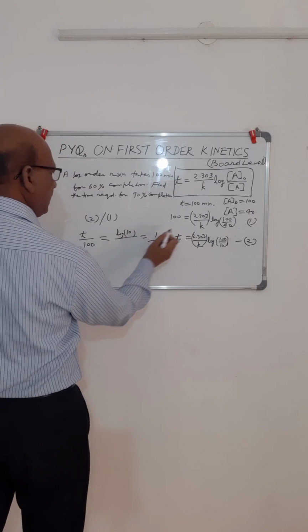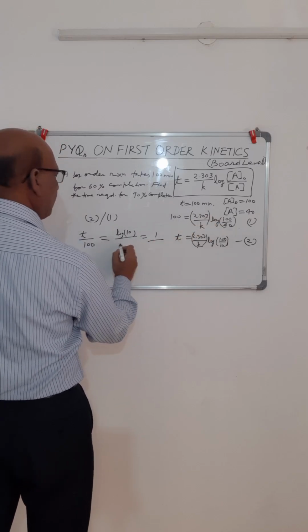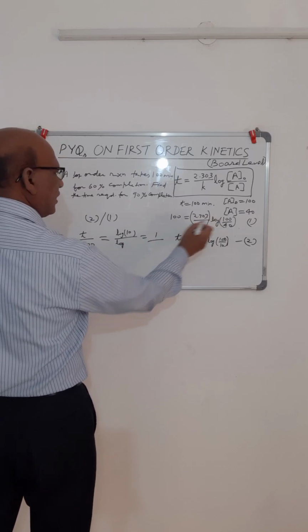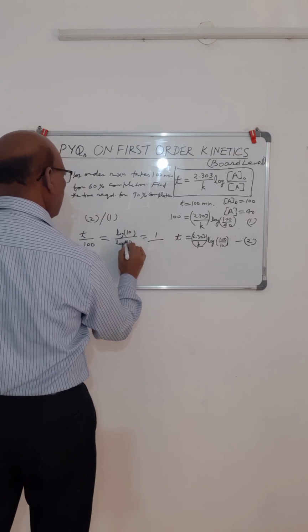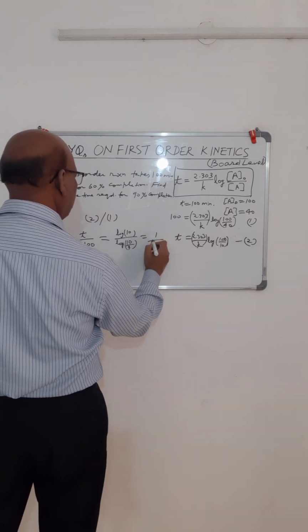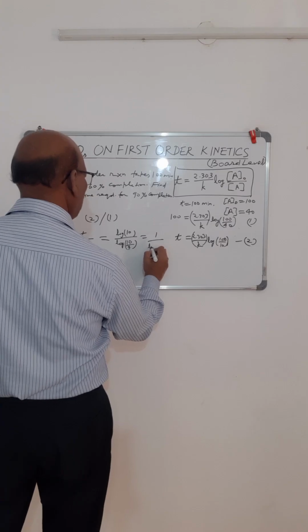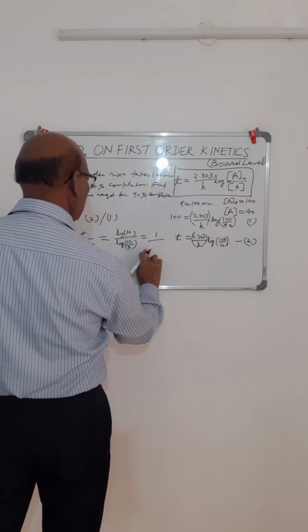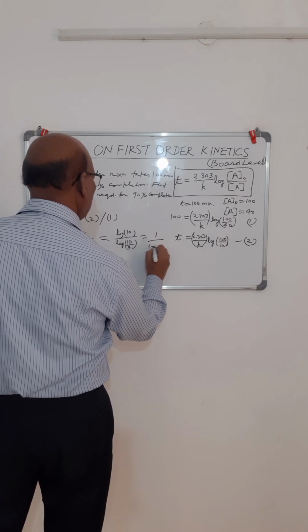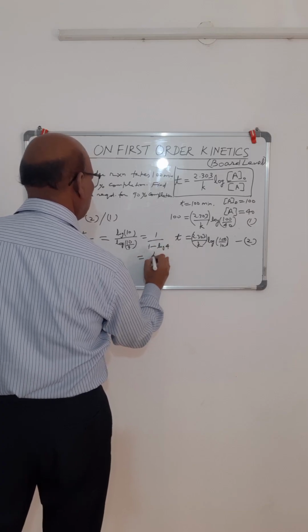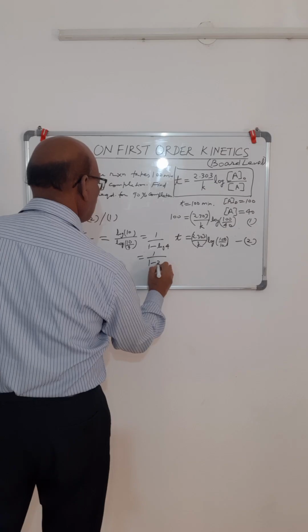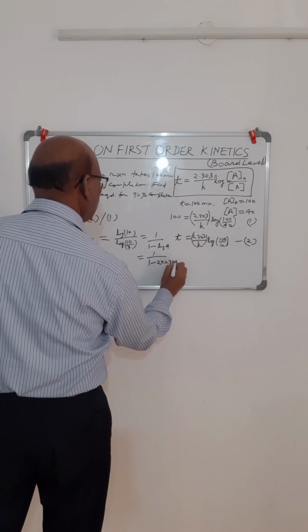Divided by log of 100 by 40, which is 10 by 4. Log 10 is 1, and this will be log 10 minus log 4, so it will be 1 minus log 4, and log 4 is nothing but 2 log 2, so 2 into 0.301.